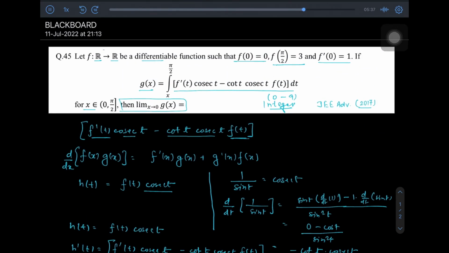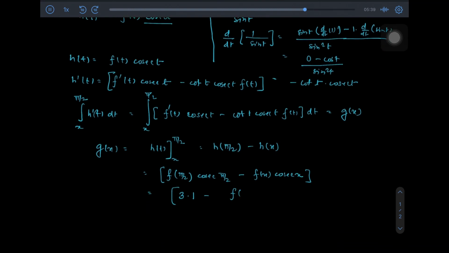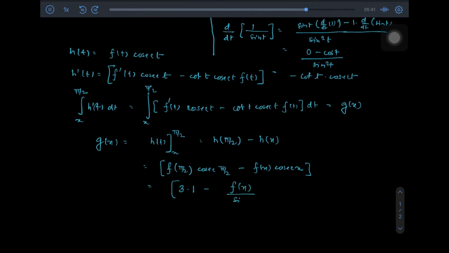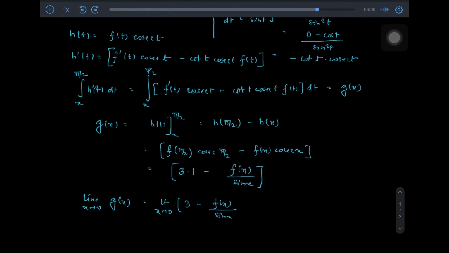So that is 3 into 1 minus f of x by sine of x, because we can write cosec of x as 1 by sine of x. Now what we have to find is, when x tends to 0, what is the limit of this function g of x? So this becomes limit x tends to 0 of 3 minus f of x by sine of x.